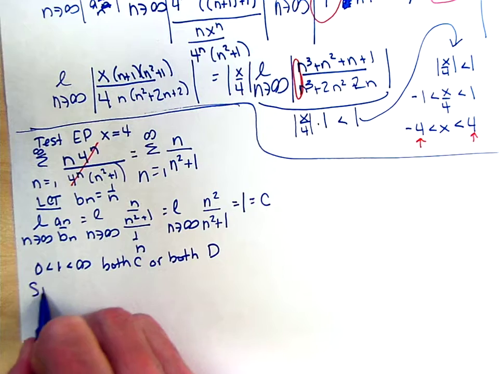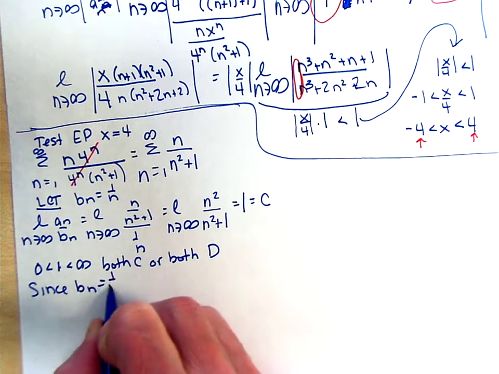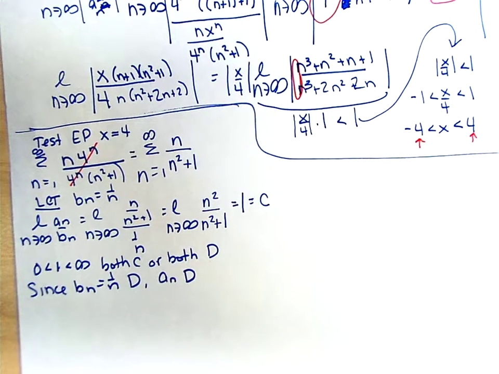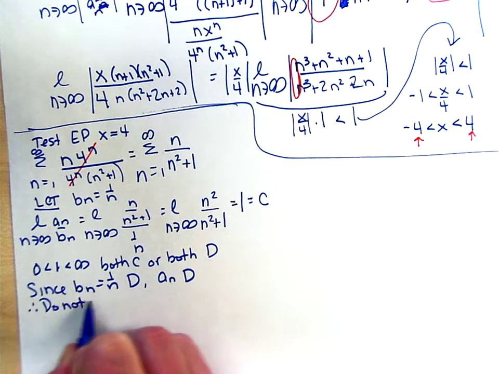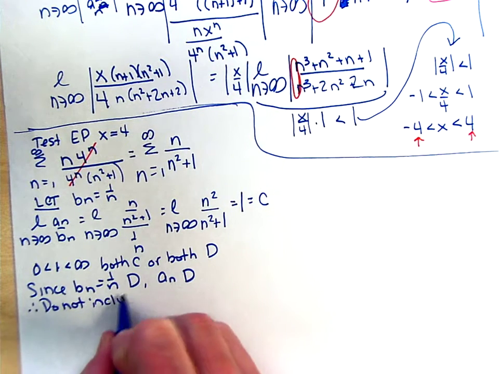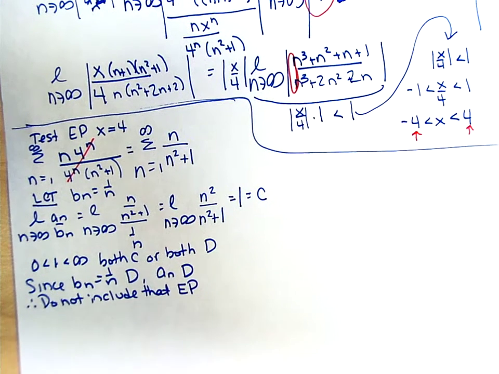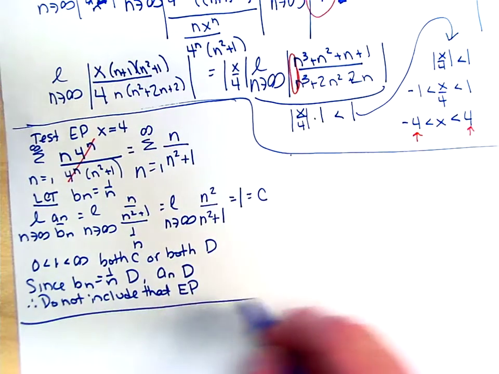Since b sub n is a known divergent series, a sub n is divergent as well. So we do not include that endpoint. It's not included.